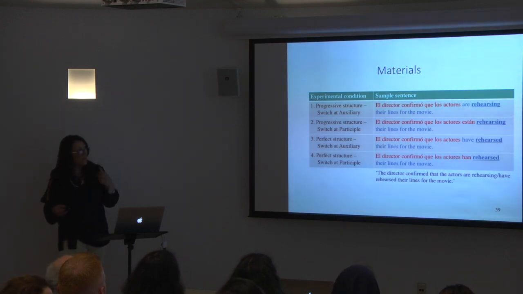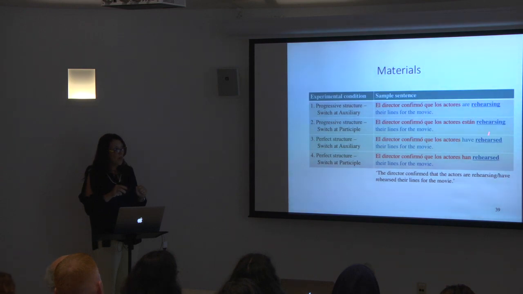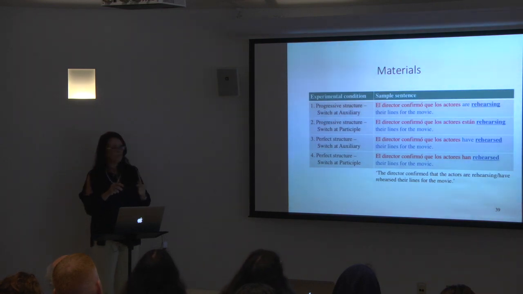And so what we did in this particular study is we had bilinguals read sentences in 4 conditions. A condition in which the code switch happened at the verb to be, a condition in which the code switch happened at the participle, at this verb, and remember that these 2 occur frequently in the environment, so the prediction would be that they should be just as easy to process.